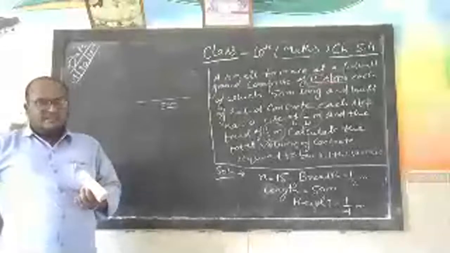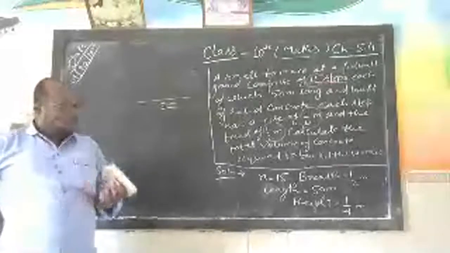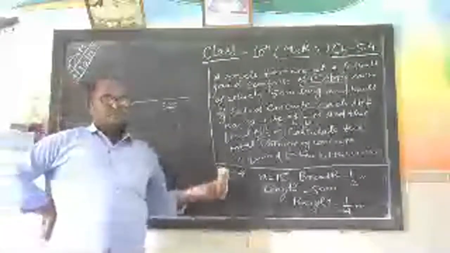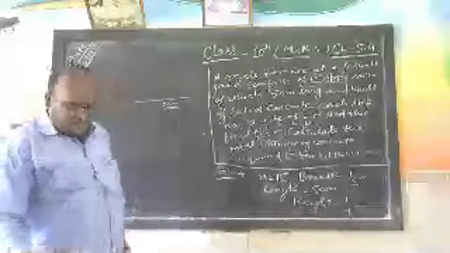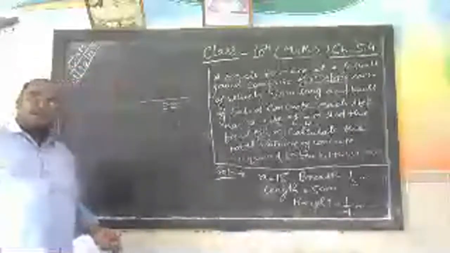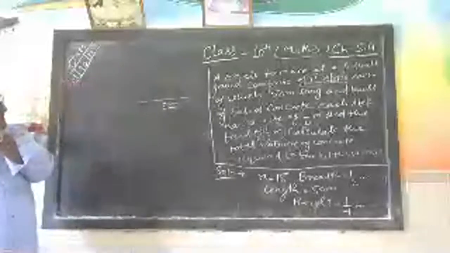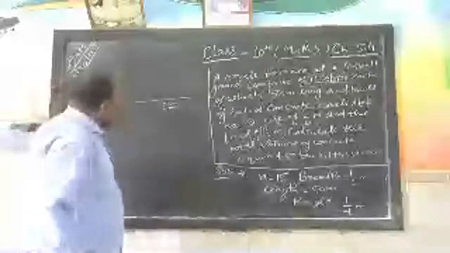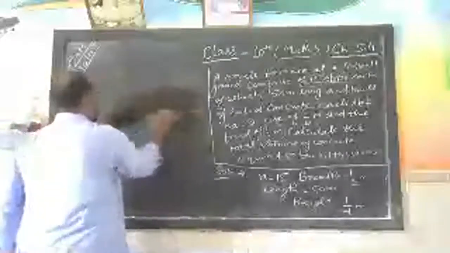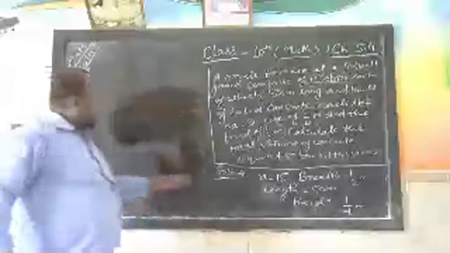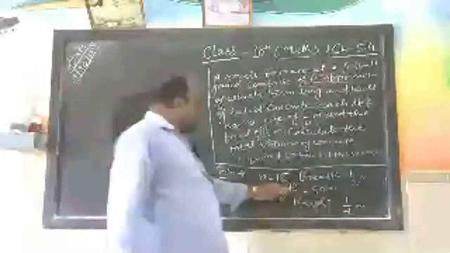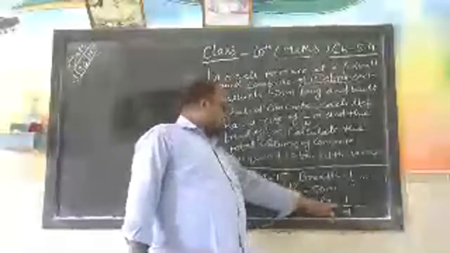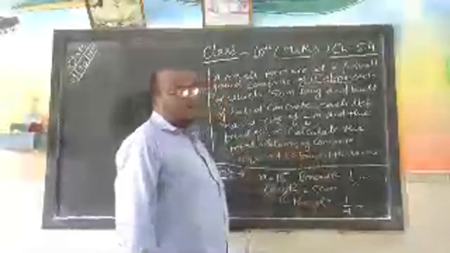Each step is in the shape of a cuboid, so you will use the formula of volume of the cuboid. So let's start. The length is 50 meter, height is 1 upon 4, and width is 1 upon 2.